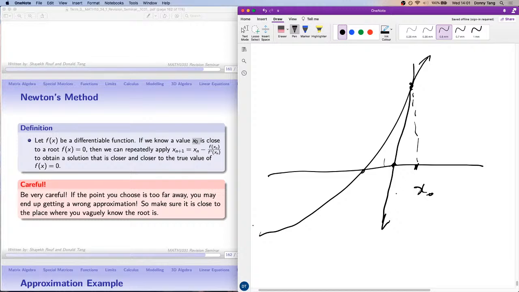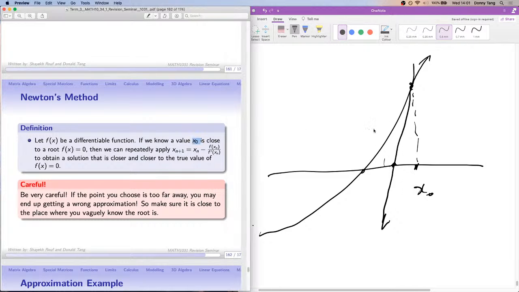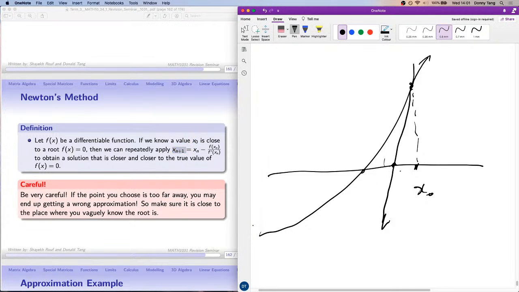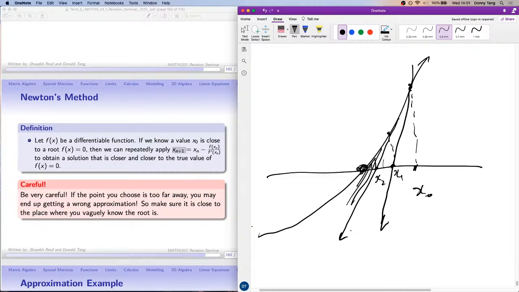That's your one application. What it returns, x(n+1), is going to be here. It's going to be x1. Then you do the same thing again: you go up to the function, draw a tangent, and it hits here. This is going to be your x2. It keeps following the tangent and getting closer and closer to the actual root. That's basically what Newton's method is doing.